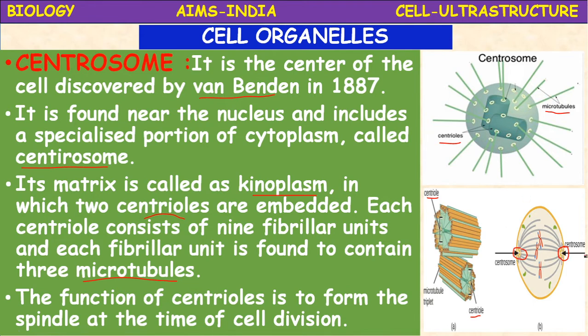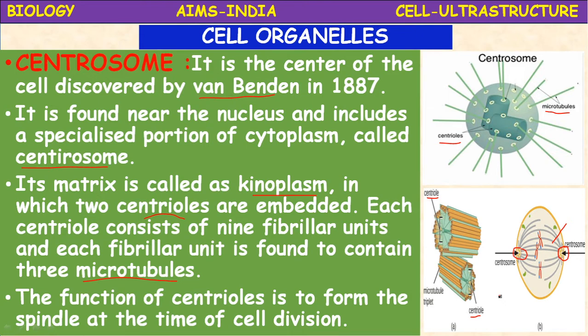These centrioles reach the opposite poles of the nucleus, and they form the spindle fibers which help to hold the chromosomes in position. In this way, the centrioles help in cell reproduction or cell division.